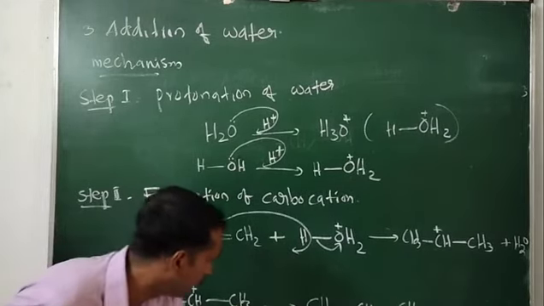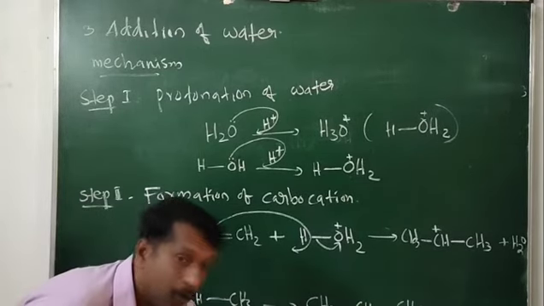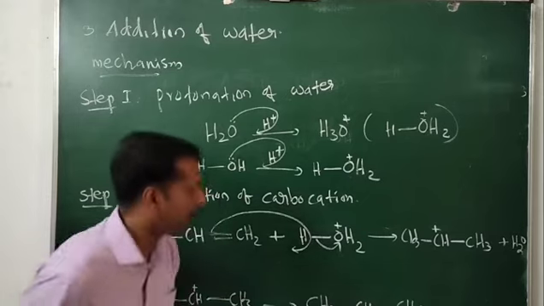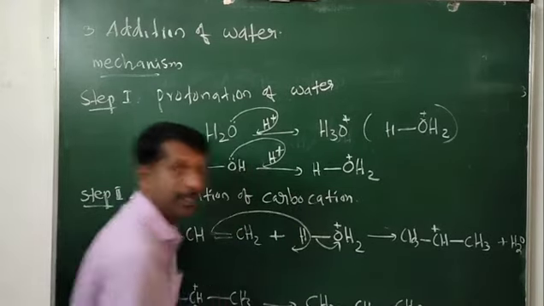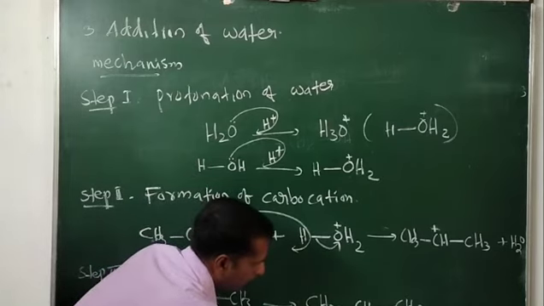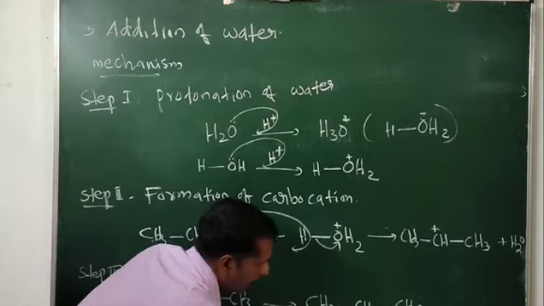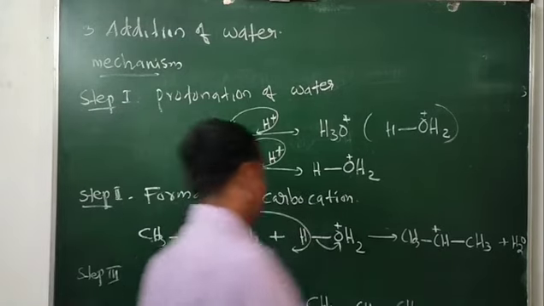Now you can see that since this pair of electrons is used for making a bond, oxygen is getting a positive charge. In the next step, for stability, it removes H+. This bond breaks from this hydrogen, and this pair of electrons will be moved back to oxygen. So what we get?